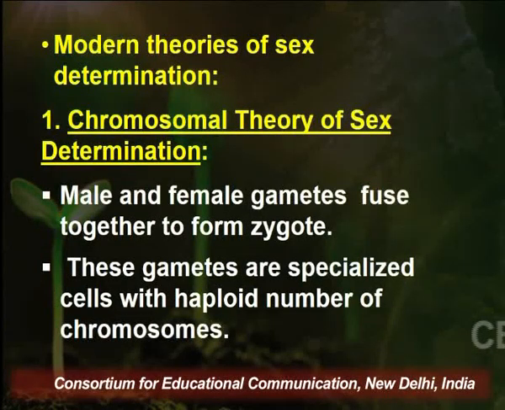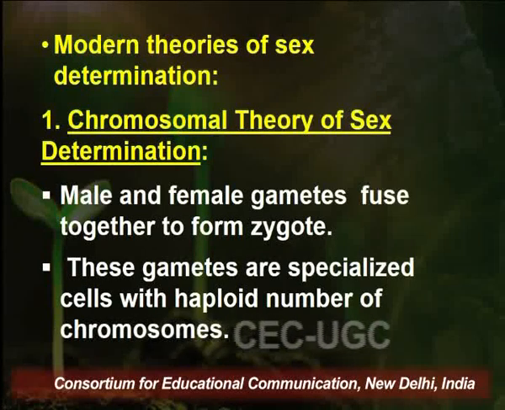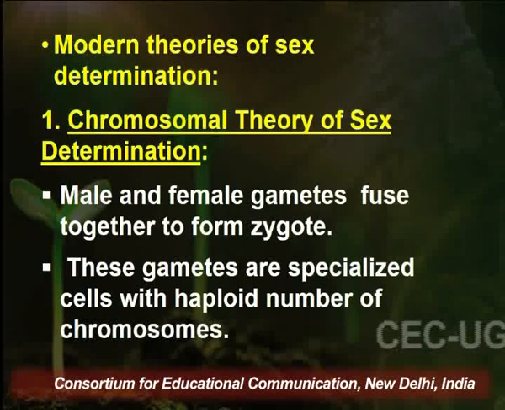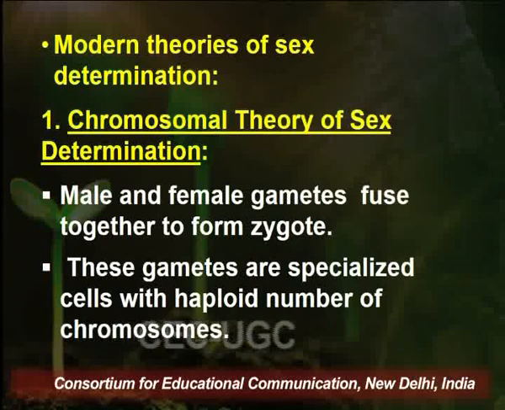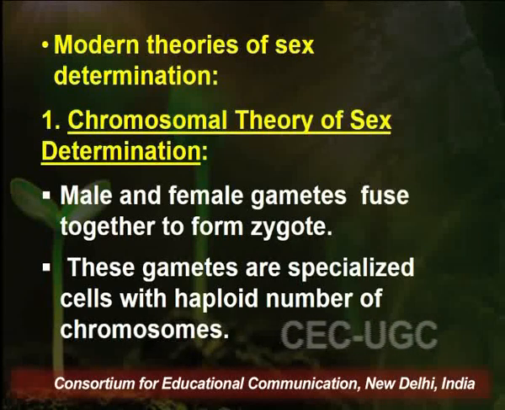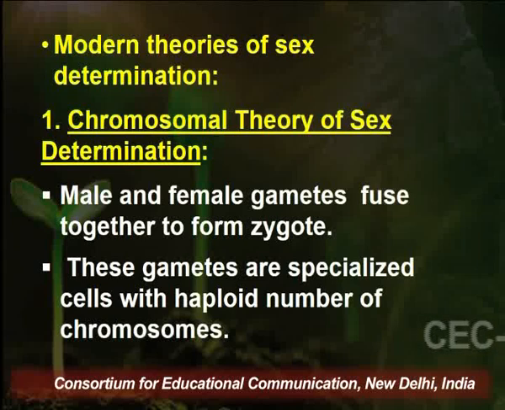Let us summarize the modern theories which have been given in terms of sex determination. As you remember, learners, we have discussed many of them in reference to animals. The first is the chromosomal theory of sex determination. Obviously, it revolves around the chromosomes and the genes present on them.